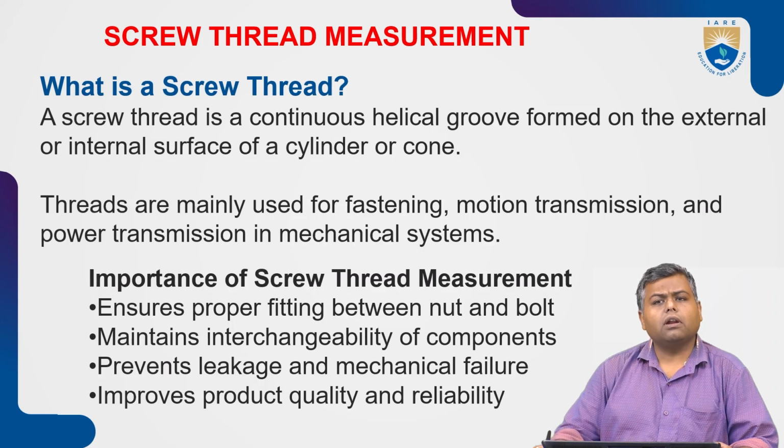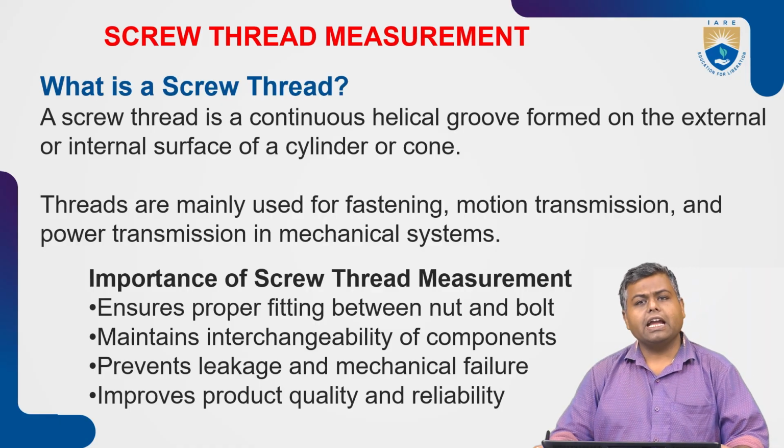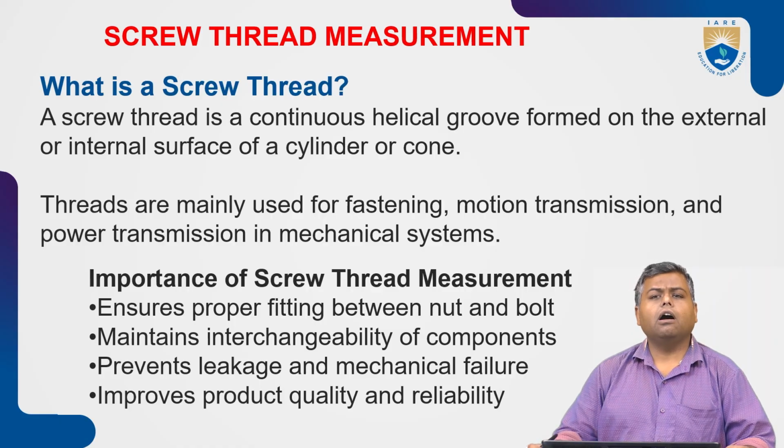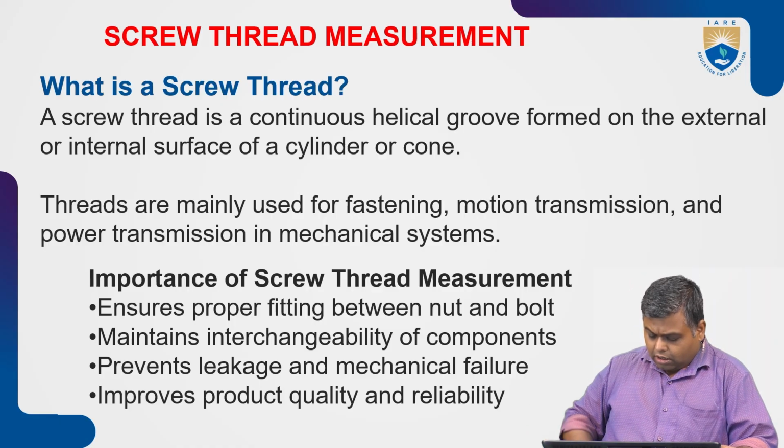It is used for fitting two individual parts together using a nut and bolt. Interchangeability of the components can be done very easily because it is a temporary joint. There are many different applications, and there should not be any kind of leakage. That is what we need to maintain in the fitting between the screw and the bolt.